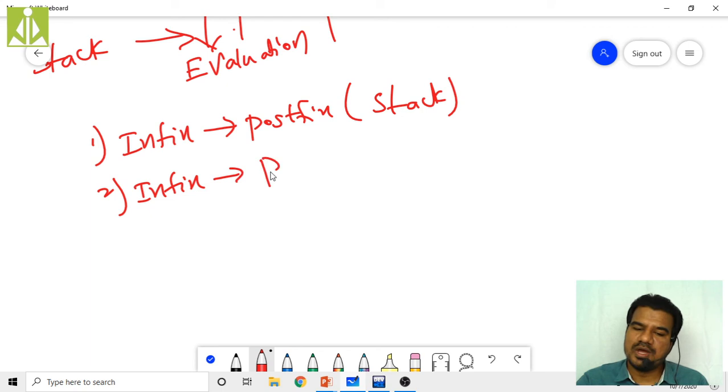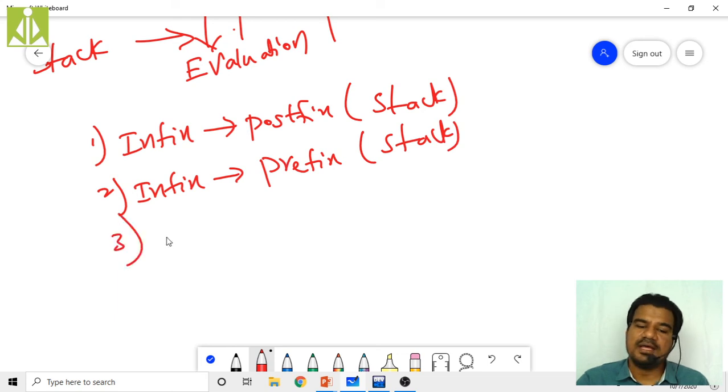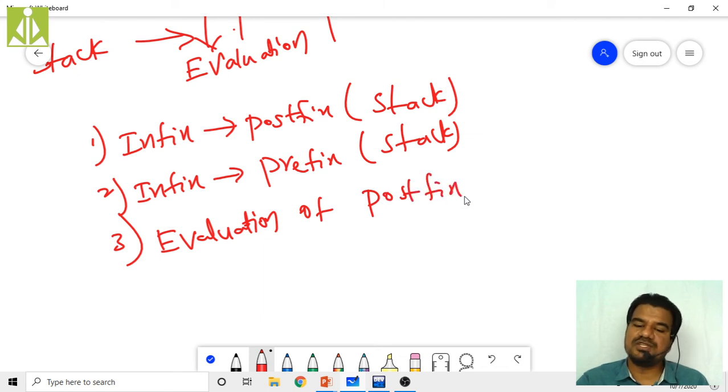Infix expression to prefix expression we will see, and this also we do basically with the help of a stack only. And the third one, evaluation. Evaluation means getting the final result. Evaluation of postfix. We will do only for postfix. This also we do with the help of a stack only. So this is also an application of stack.